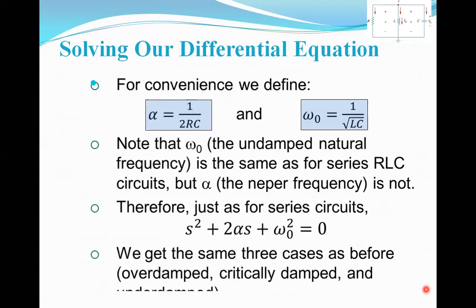Omega naught, the undamped natural frequency, is the same as for the series LCR circuit, but alpha, the Neper frequency, is not. Therefore, just as for the series circuit, s squared plus 2 alpha s plus omega naught squared is equal to 0. Again, we have three cases: overdamped, critically damped, and underdamped.